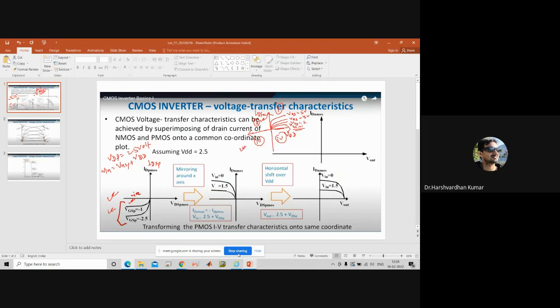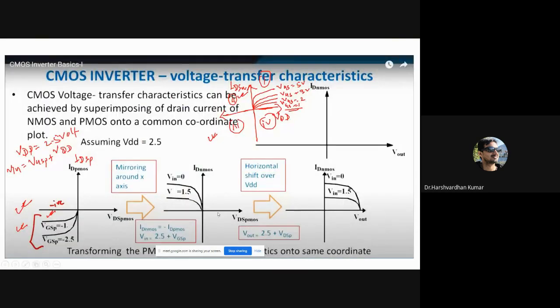If you see the graph and the equations here, you can correlate. So Vin is equal to VGSP plus VDD.